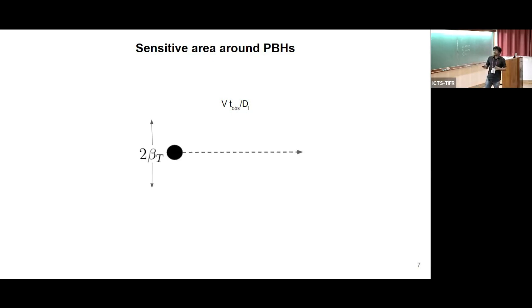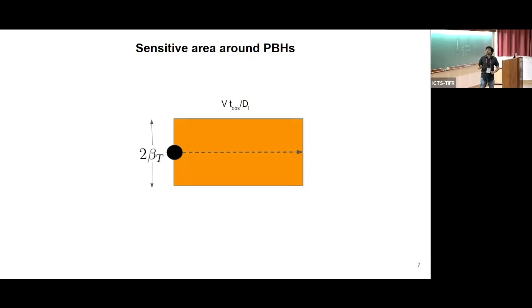On top of it, we know that the lens is going to move. If the relative velocity of the source and the lens is v, and the observational period is t obs, then v times t obs divided by the distance of the lens gives you how much angular separation it is going to travel in the sky. That will sweep an area in the sky, and that is going to be the sensitive area around each PBH.